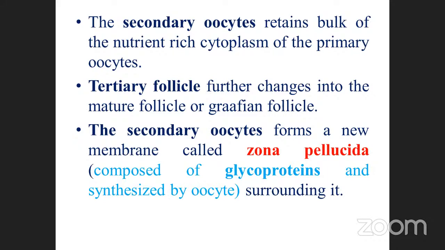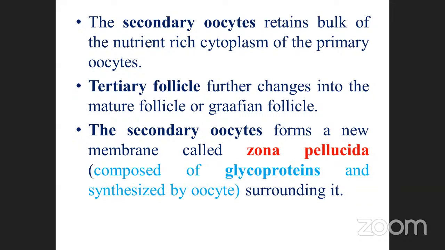The secondary oocyte forms a new membrane called the zona pellucida.